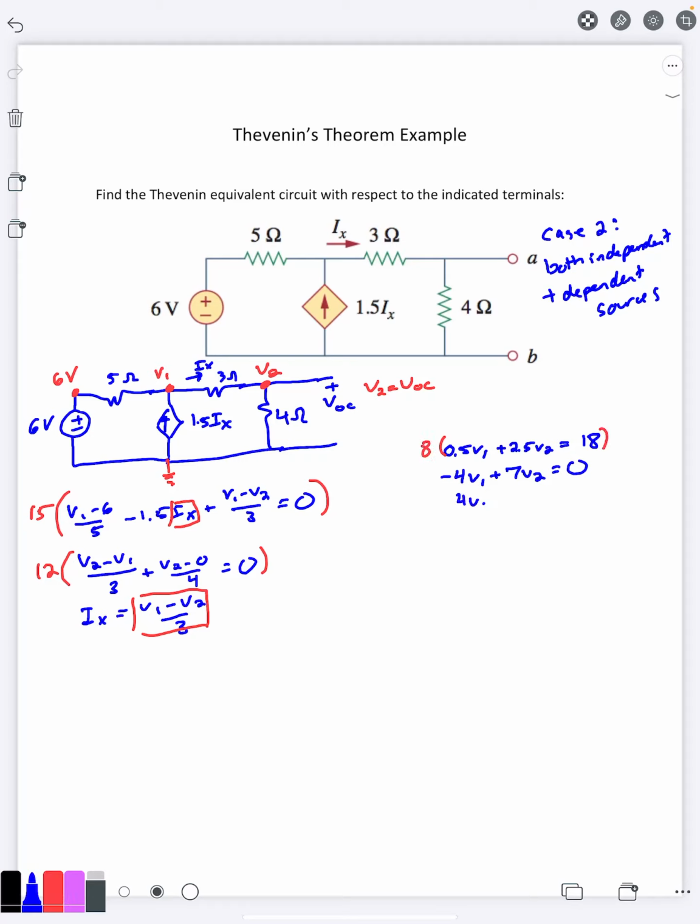That gets me 4V1 plus, so 8 times 2.5 is going to be 20 V2, and 8 times 18 is 144. Add them, we're going to get 27 V2 is 144, so V2 is 144 over 27 volts. And since V2 is really the same as VOC, that means VOC is 144 over 27 volts. But of course, that's just V Thevenin. That doesn't give us R Thevenin yet.